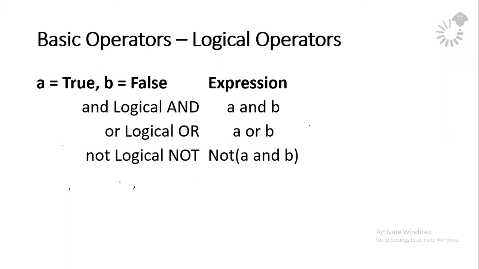So, and, halimbawa, A is true, B is false, A and B, or true and B, that is false. Logical or, A is true, B is false, true or false, that is true.